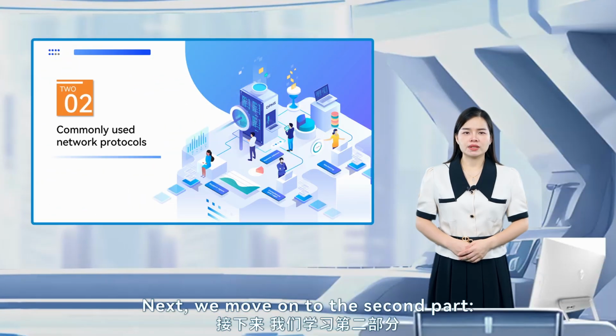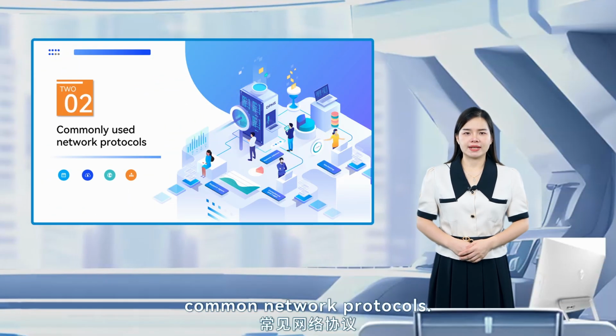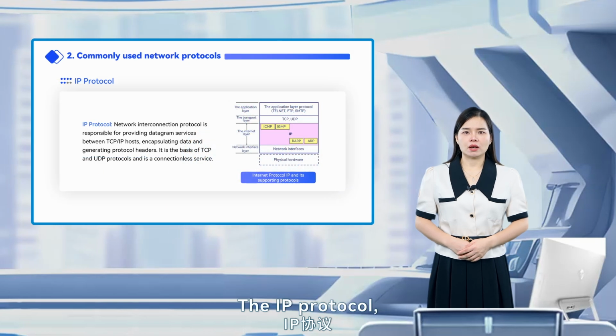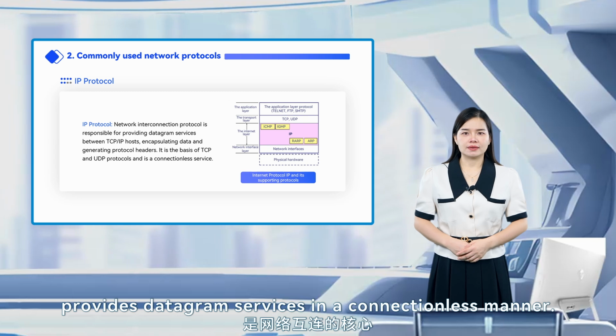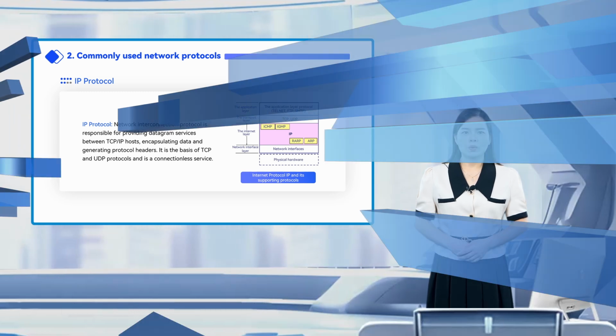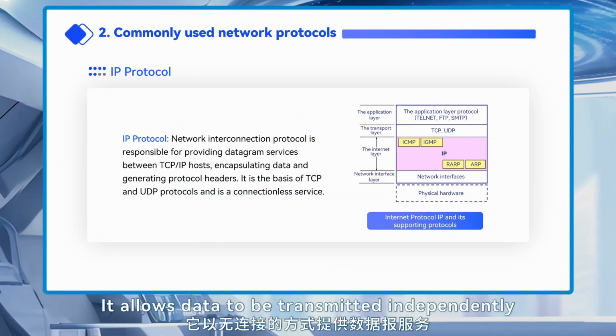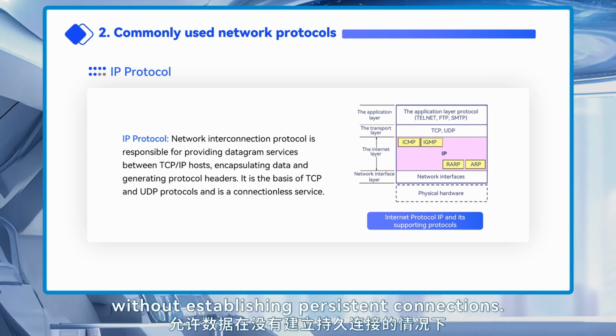Next, we move on to the second part, common network protocols. The IP protocol, as the core of Internet communication, provides datagram services in a connectionless manner. It allows data to be transmitted independently without establishing persistent connections.